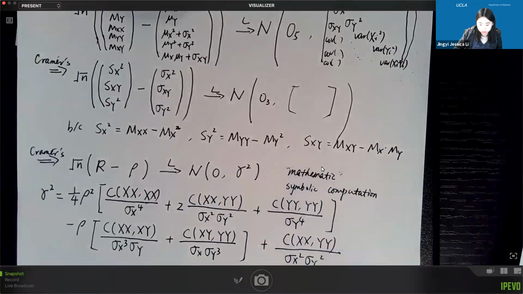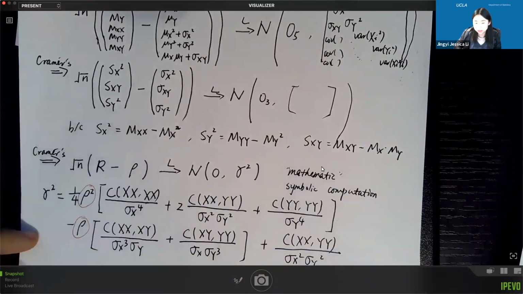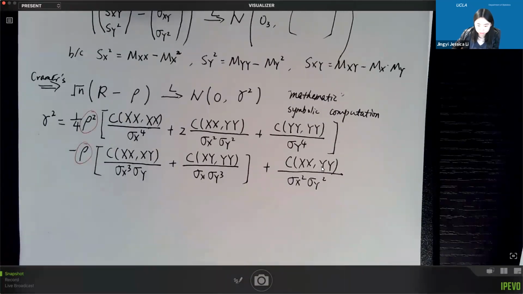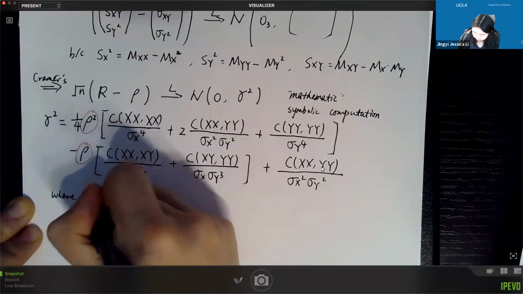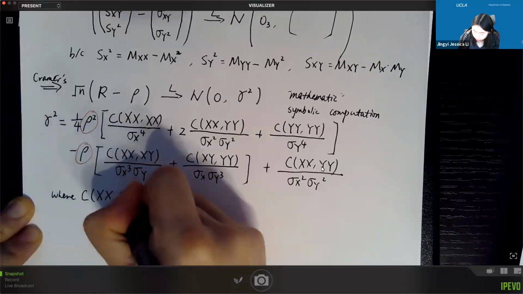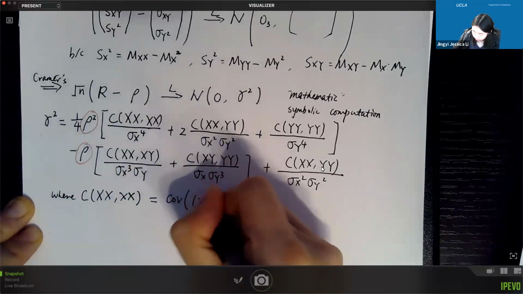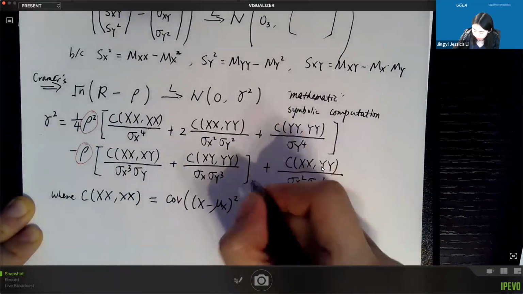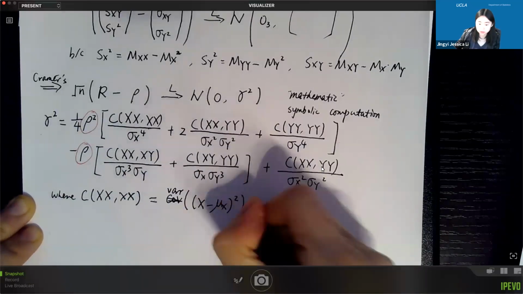So you see in this formula, we have rho squared here, rho here, and the remaining terms are based on those C-something, and that's the covariance actually. So here Cxxxx is essentially the variance, sorry, I should say variance, that's a typo, variance of x minus mu x squared.